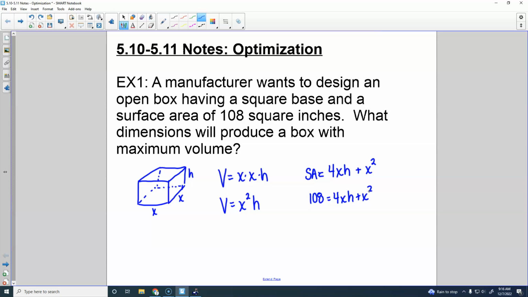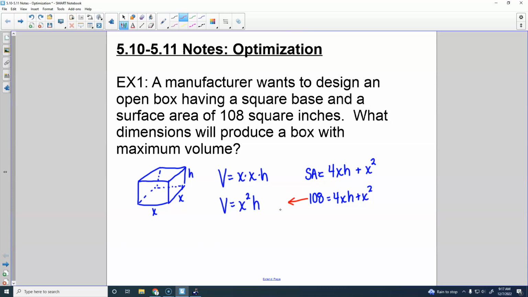So more or less what you're going to be doing here is some high-level substitution, right? I need to show this to my Math 1 kids. We're doing substitution right now, just so they can see where it goes one day. So it really doesn't matter whether I substitute for the x or the h. I want to have all the same variable, and I want to take this equation and plug it into volume, because volume is what I'm looking for the maximum of.